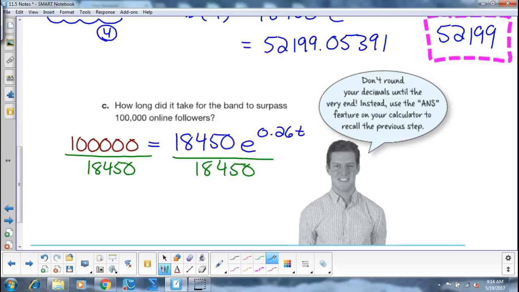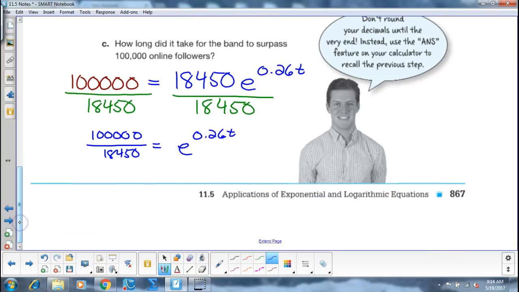All right. So then we've got 100,000 over 18,450 equals e to the 0.26t power. Got my exponential all by itself? Yeah, I do. So now what do I do? Switch forms. So this is going to become what?